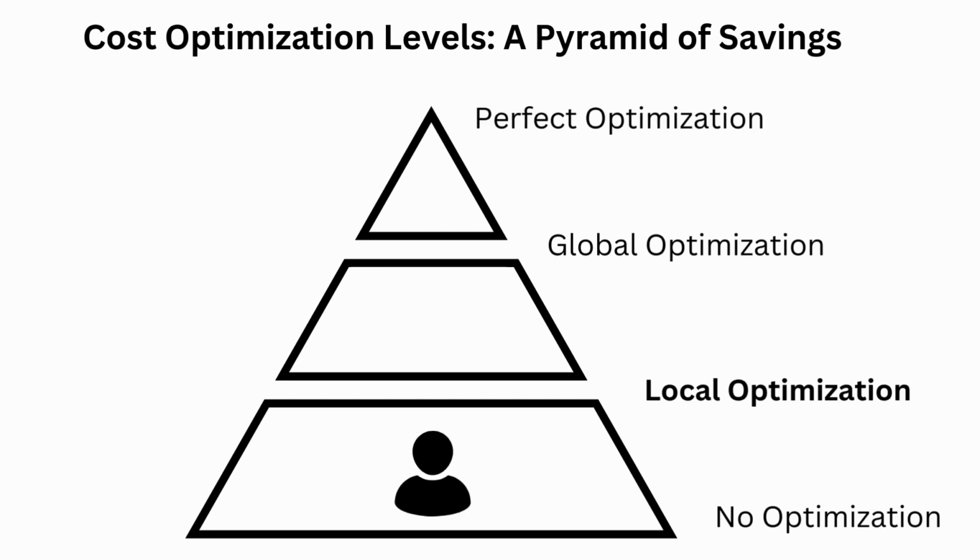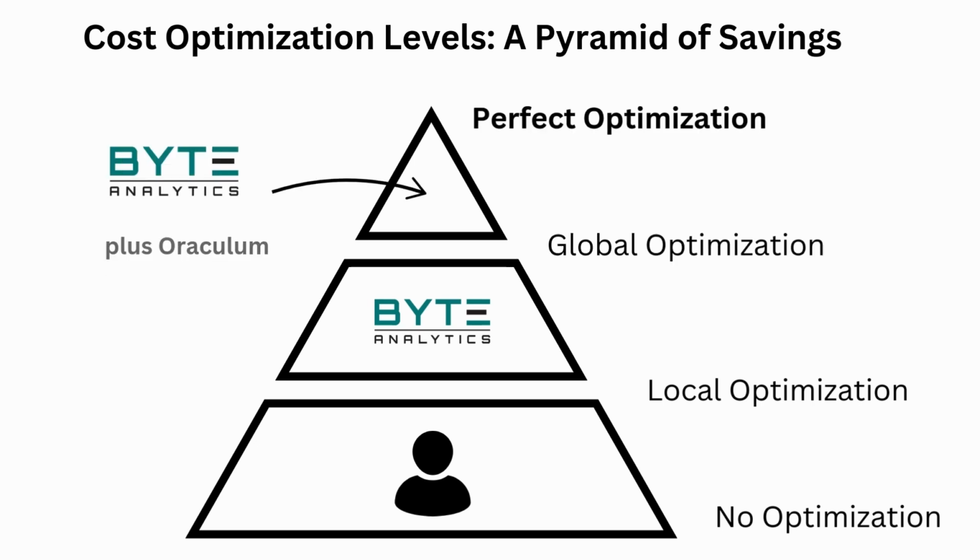The first level of savings is what you get from human optimization, a nice improvement over doing nothing. The second level is the incremental savings that Byte's global optimization of monthly billing data can save over local optimization. The third and final level of savings comes from combining global optimization with real-time usage data and Oraculum, Byte's predictive analytics feature.